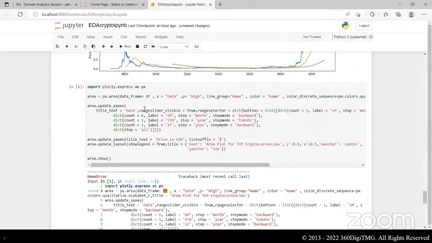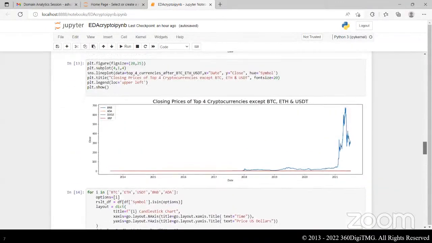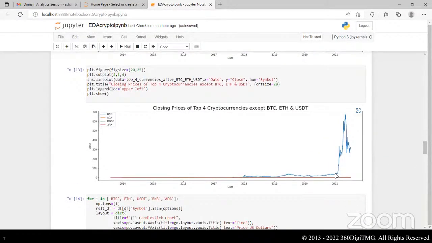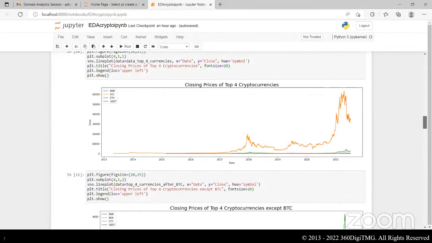the point which I'm trying to make over here is what we observed: in 2021, the value of Bitcoin was at an all-time high, nearly $60,000, which is almost 15 times more than the second highest cryptocurrency, your Ethereum.